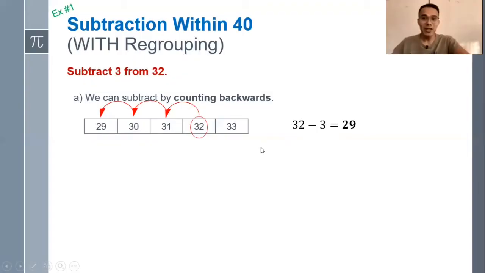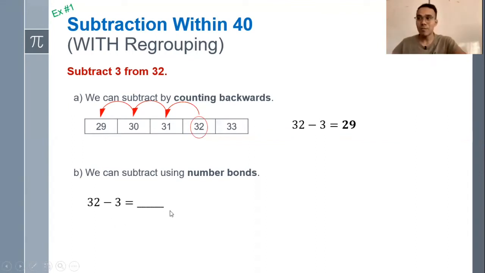Another method is by using number bonds. We have here 32 minus 3 equals blank. So what we are going to do next is break 32 into 2 numbers. The first number is going to be 10 and the other one is 22. 22 and 10 make 32.